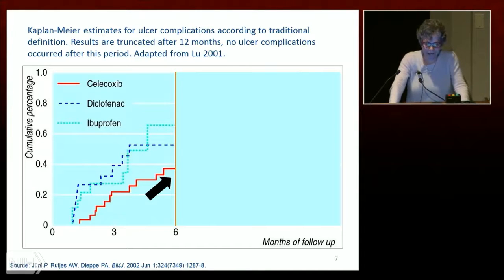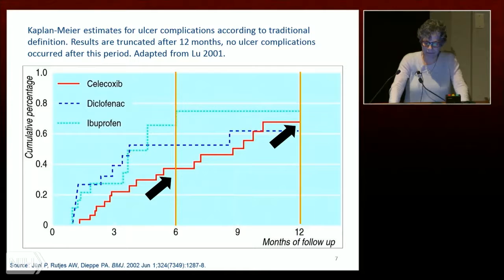The vertical axis is the cumulative percentage of participants who had an ulcer complication. You could see here that the red line for celecoxib makes it appear as if celecoxib was less likely to cause ulcers than the comparator drugs. In fact, these results were statistically significant, and this was published originally in JAMA, showing that celecoxib was the better drug in terms of ulcer complications.